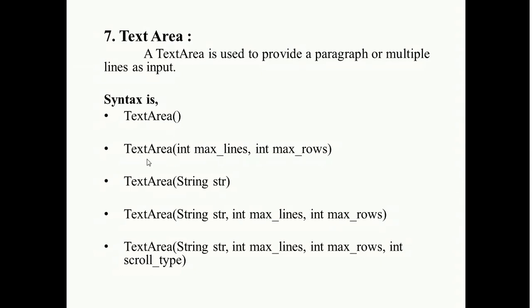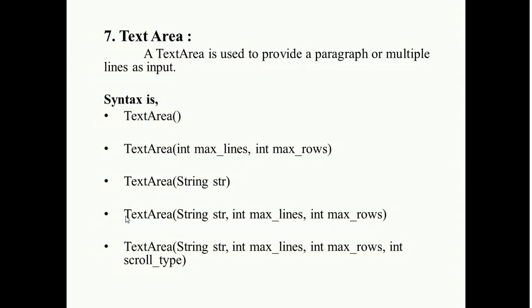The first parameter in the second constructor represents the maximum number of lines, and the second parameter represents the maximum number of characters in each line. Then the third constructor has one parameter, string str. This constructor initializes a text area with the specified string str.